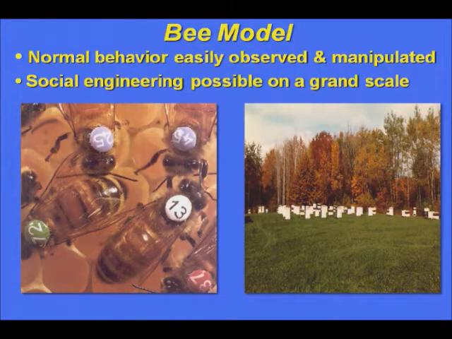So it's possible to understand how colonies interact with their environment, how the behavior of individual bees gives rise to a smoothly functioning colony, and then down the levels of analysis, brain and gene, and so forth.